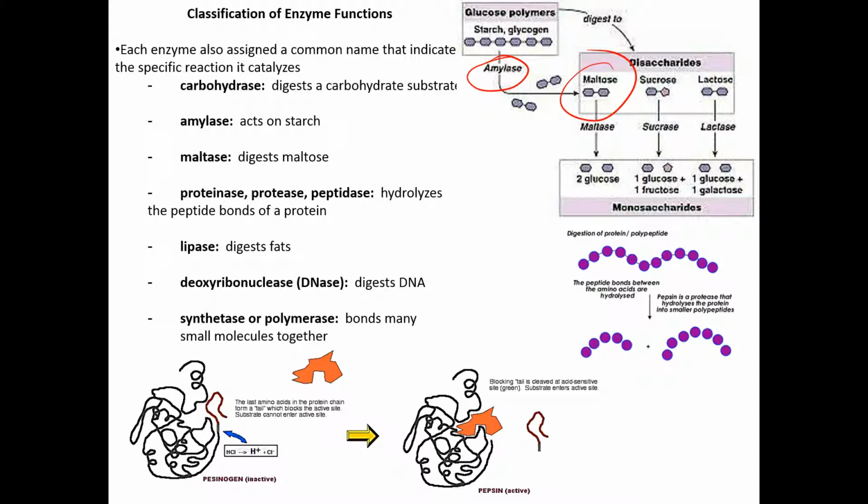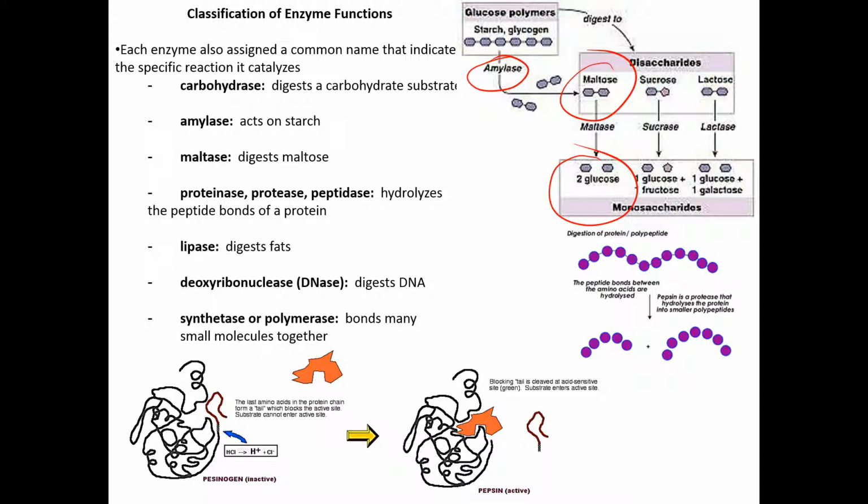You have maltase, which targets maltose and breaks it down into two glucose monomers. You have an enzyme specific to sucrose: sucrase breaks it down to glucose and fructose.